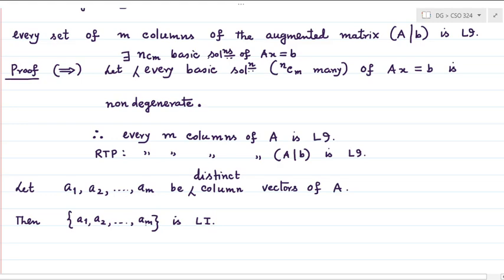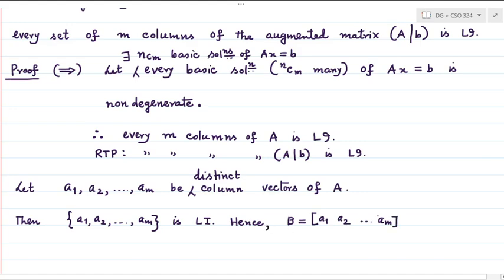So here this is linearly independent. Then corresponding to this linearly independent set of columns, you construct the matrix B given by A1 as the first column, A2, then up to Am.